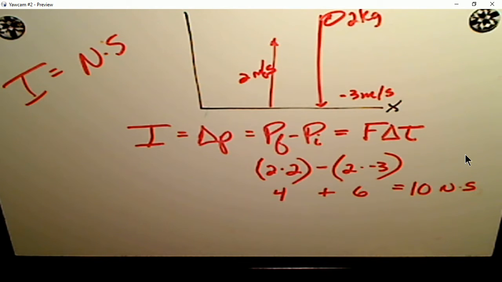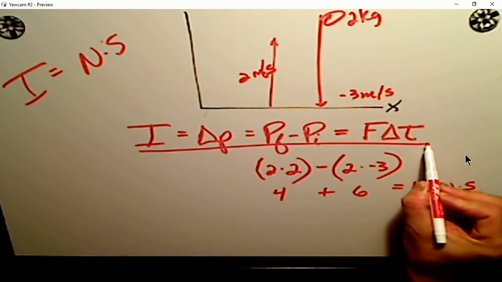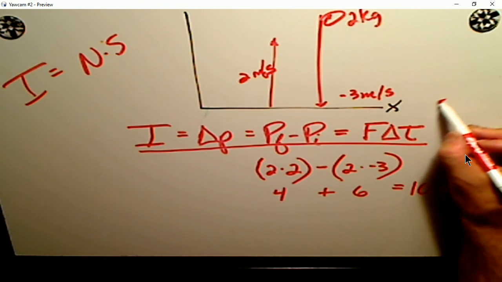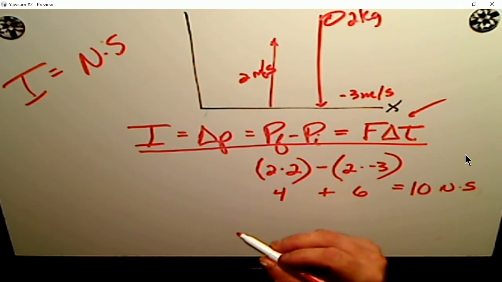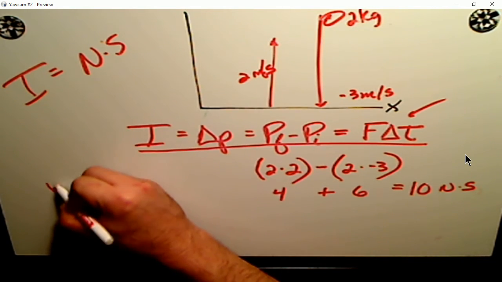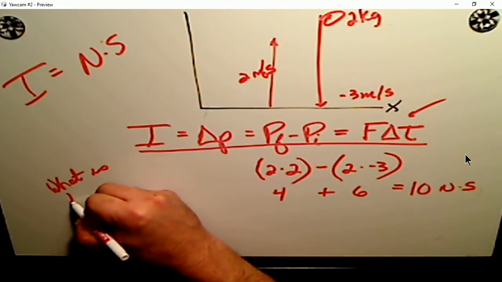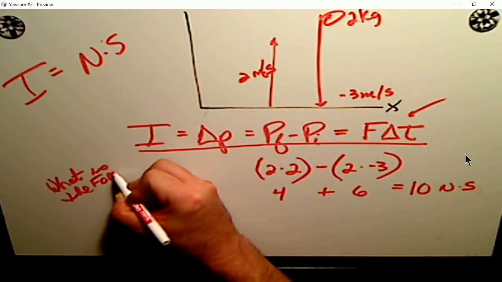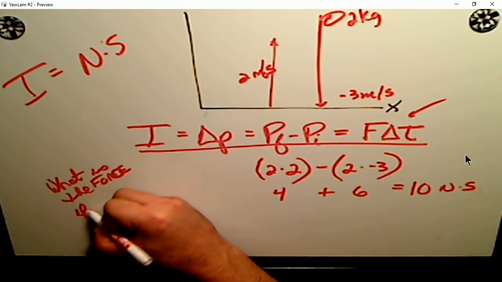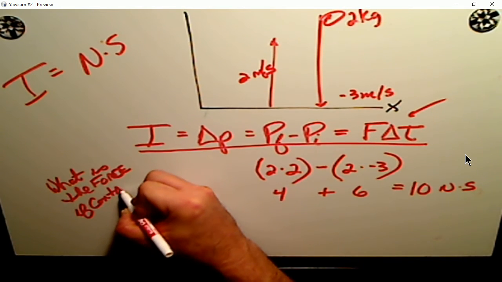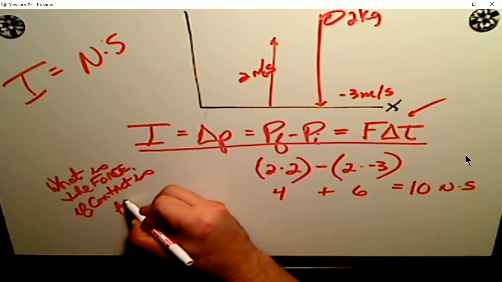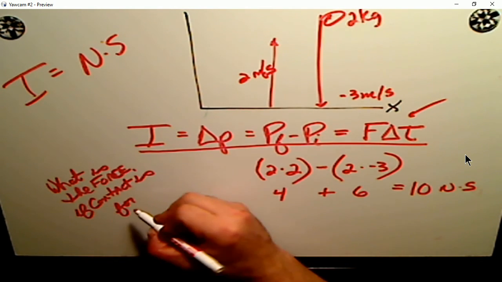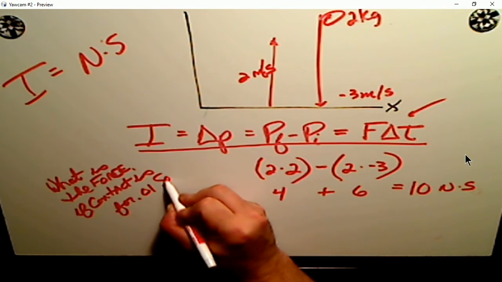So that's the impulse. But with this equation, I can also calculate force if given time, or time if given a force. What is the force if contact is for, let's say, 0.01 seconds, 100th of a second?